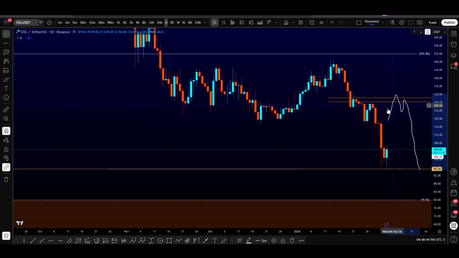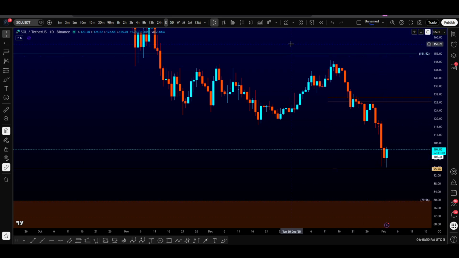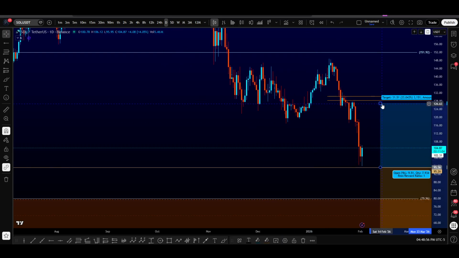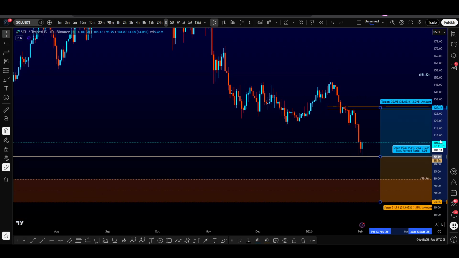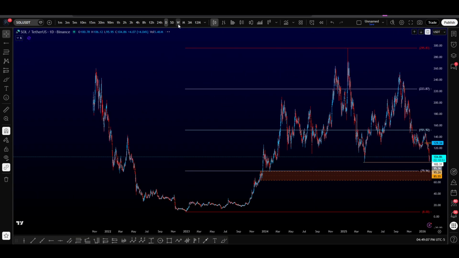So that's definitely an area I am interested in. I'm going to go ahead and set an alert right at that level, anticipating to go long if we get there, targeting the golden pocket at least, right? Little 3-to-1 trade could play out very nicely.